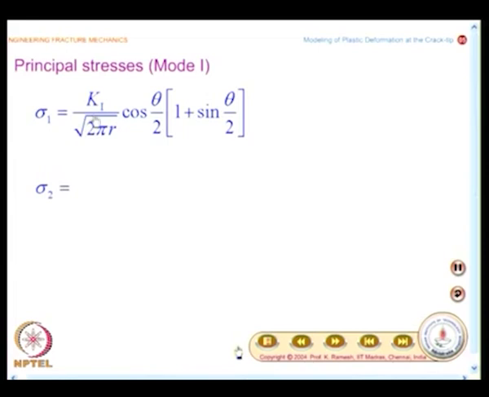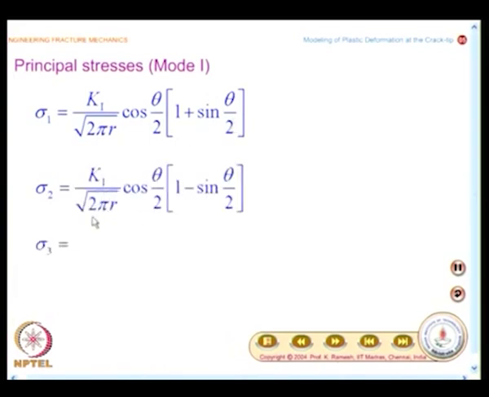Sigma 1 is given as K1 by root of 2 pi r cos theta by 2 multiplied by 1 plus sin theta by 2, and sigma 2 is K1 by root of 2 pi r cos theta by 2 multiplied by 1 minus sin theta by 2, and in the case of a plane stress situation, sigma 3 is 0.